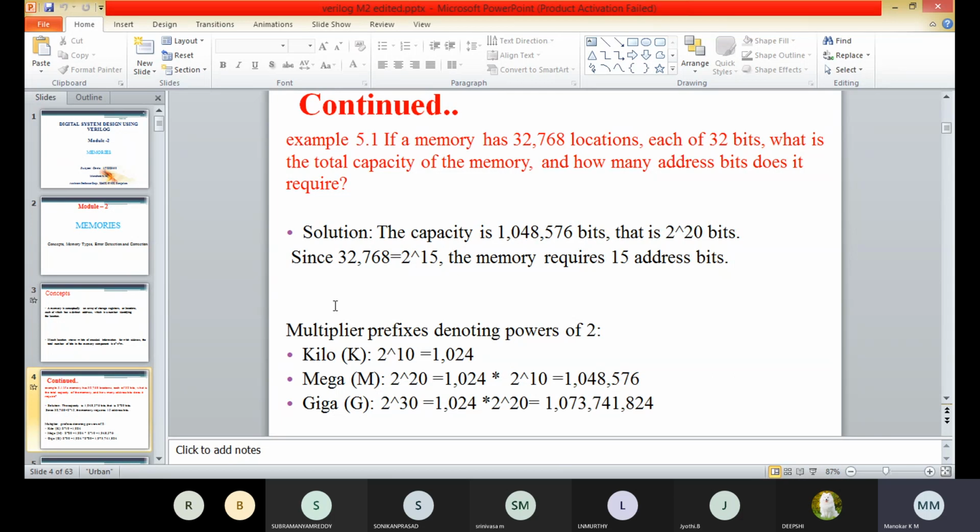Here when referring to memory sizes, we usually use the following multiplier prefixes denoting powers of 2. That is, kilo, K, is 2 power 10, that is 1024, and mega, that is 2 power 20, which is 1024 into 2 power 10, that is 1048576, and next is giga, G, 2 power 30, that is 1024 into 2 power 20, that is 1073741824, and it has the capacity of 1 megabit.